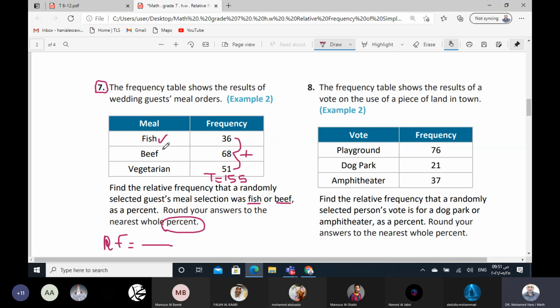Fish or beef means 63 plus 86. The answer will be 149. Divide by the total, which is 155.